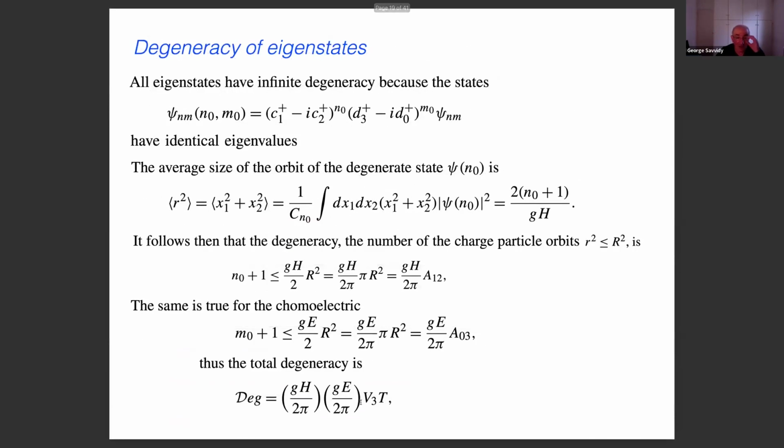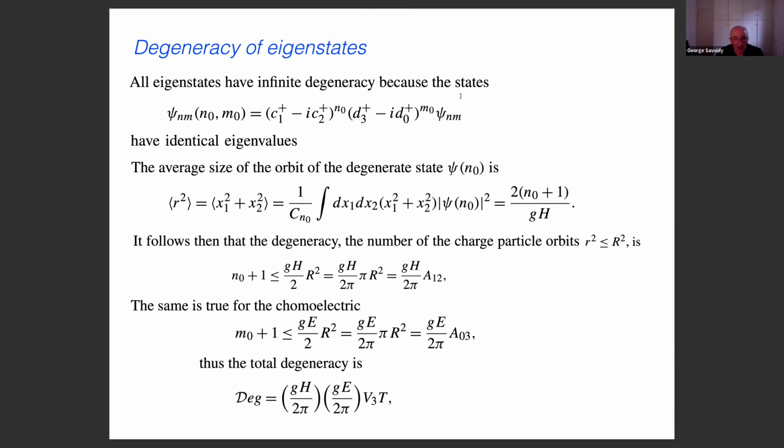Now, how to understand the degeneracy? Degeneracy can be understood in the following way. We have psi nm. If one acts with these two operators, d3 minus i times d0 and c1 minus c2 dagger, on psi nm, we will get a wave function which I define, you see, as psi nm with two indices, n0, m0.